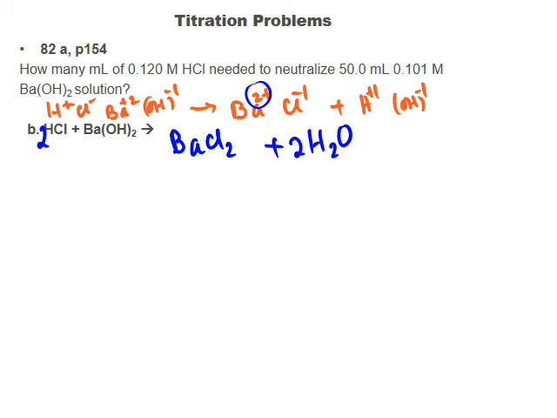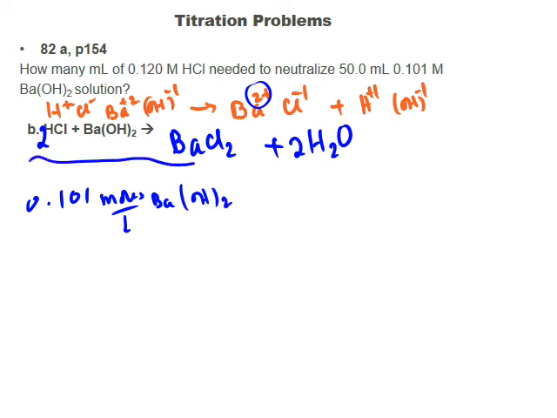0.101 moles per liter of barium hydroxide. Let's begin with that. Let's draw a line.